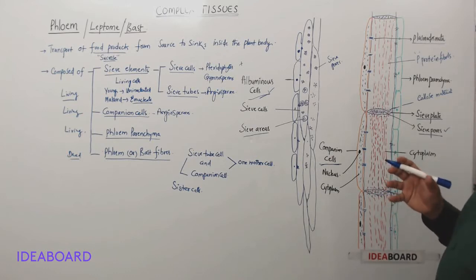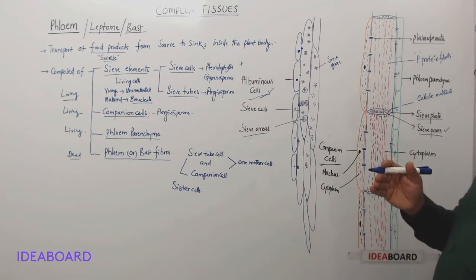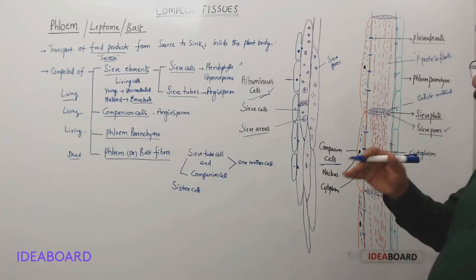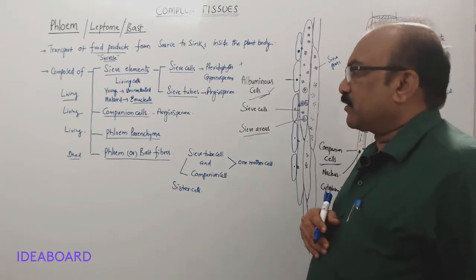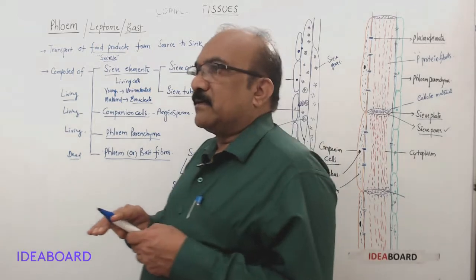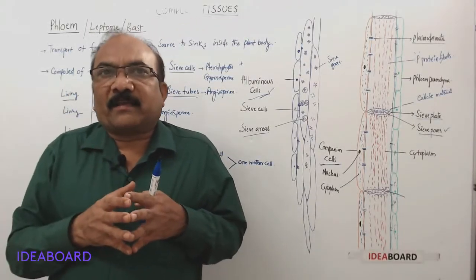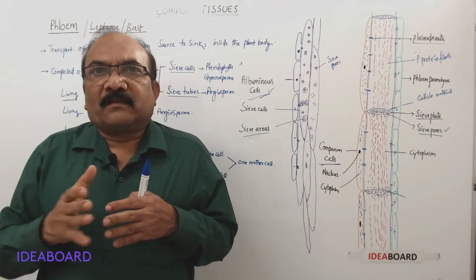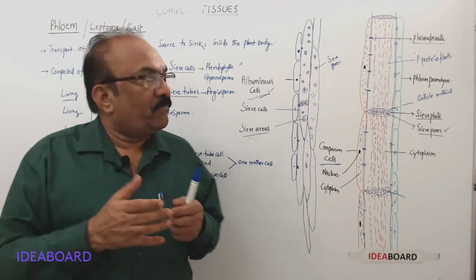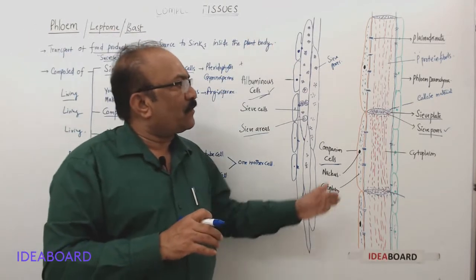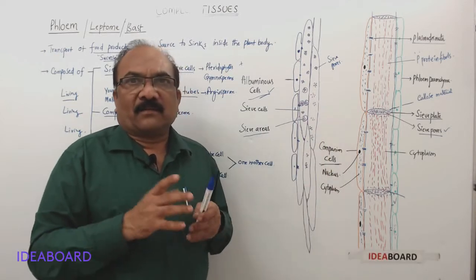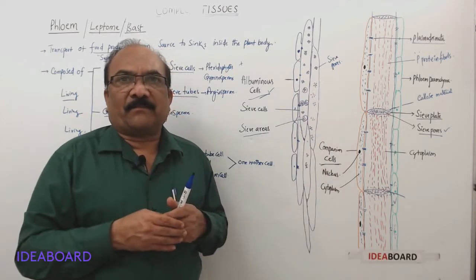When this parenchyma is present in the secondary phloem, you will find its arrangement. There you will find two types of parenchyma based on the orientation. When they are arranged parallel to other cells, it is called axial parenchyma.